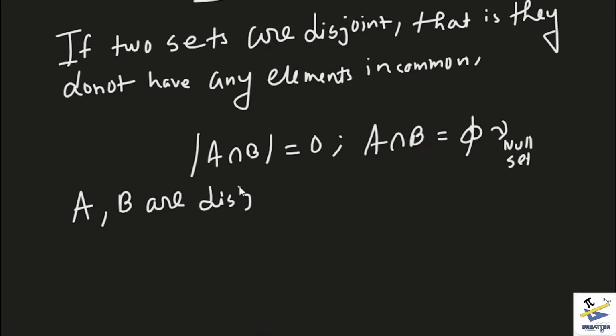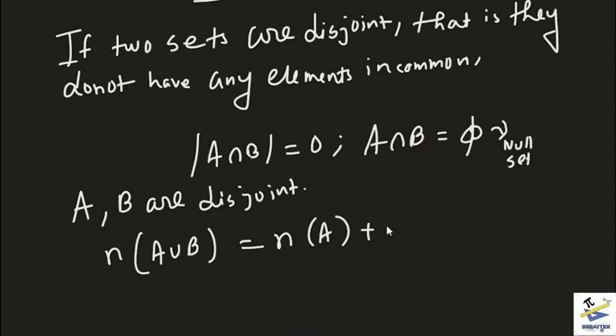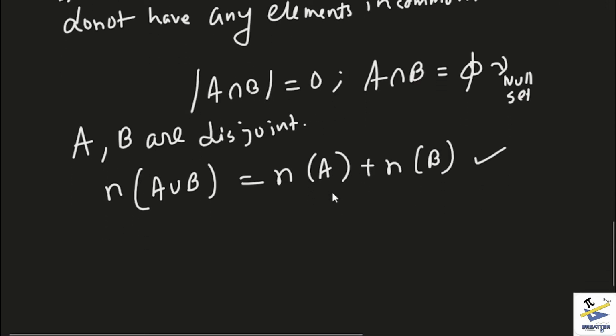Okay, A and B are disjoint. So when A and B are disjoint, we can say that the number of elements in A union B is basically the number of elements in A plus the number of elements in B. This only happens for disjoint sets. Okay, so this can be shown as an example like this.